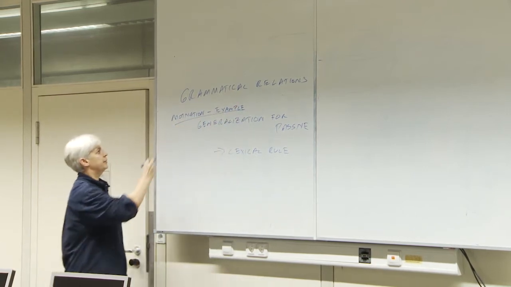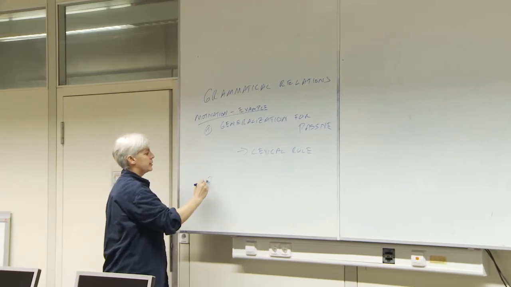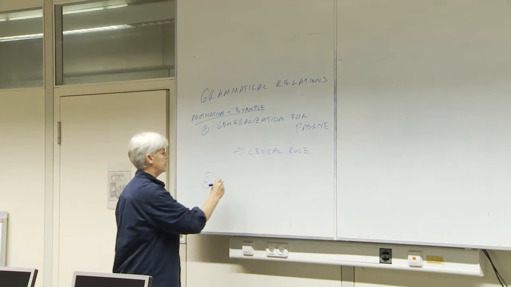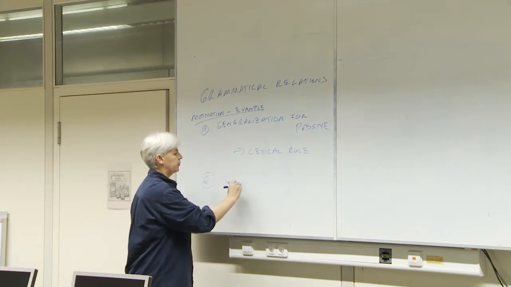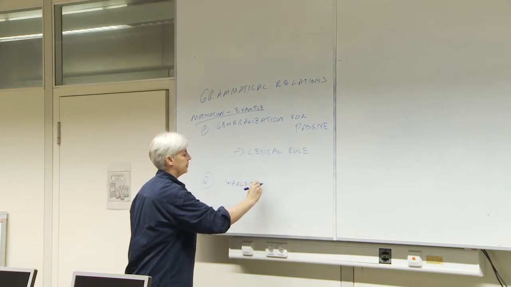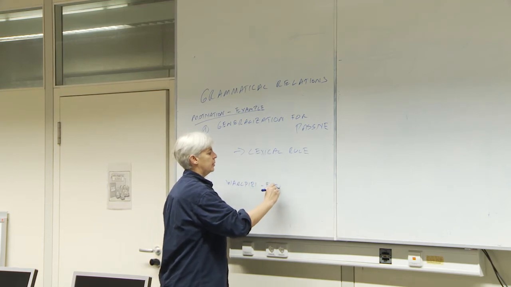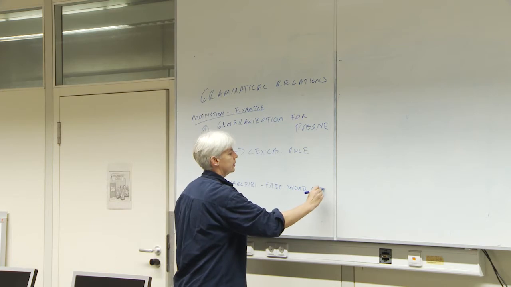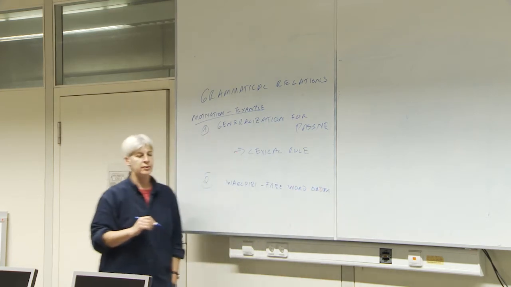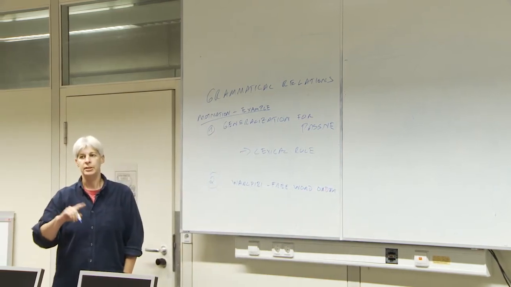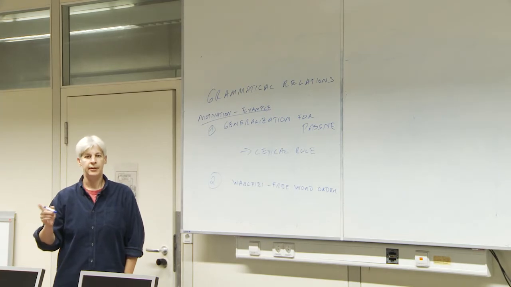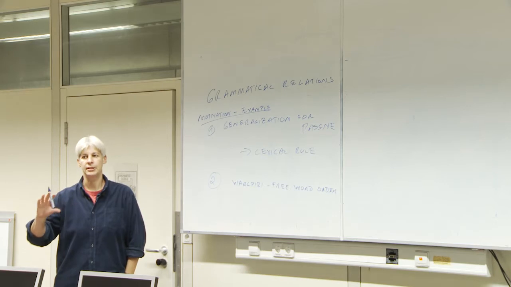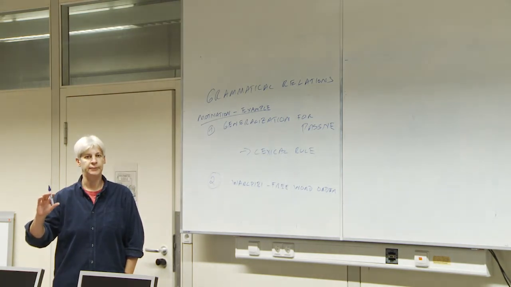Okay, there was one example. And the other example, which I won't repeat because I think we went through that enough, was the Walbury free word order. That was meant to illustrate why you wanted to have a separation between C structure and F structure, so that at C structure, languages could look quite different, but at F structure, you wanted the same dependency representation.